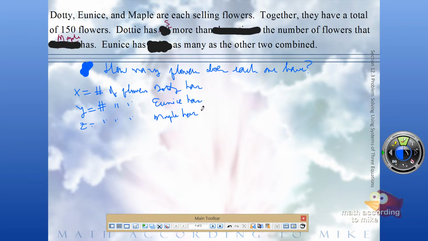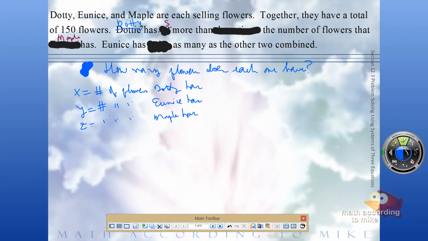Great. I also realized Dottie did a name change halfway through the problem. Oops. Okay. So do not be lazy. Do not say X equals Dottie, Y equals Eunice, Z equals Maple. If you know the reference, this is from the video game Animal Crossing. You should play it. Dottie is a rabbit, Eunice, I think, is a lamb, and Maple is a bear.